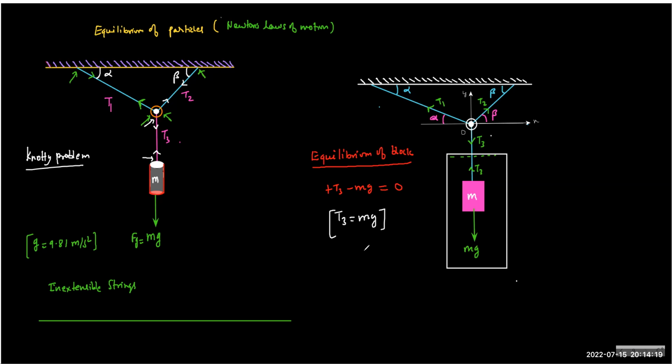Now comes the knot. At the knot, all three forces are balancing each other, right? Can we say in vector form, T1 vector plus T2 vector plus T3 vector must be a null vector? Can we write like this? Yes.